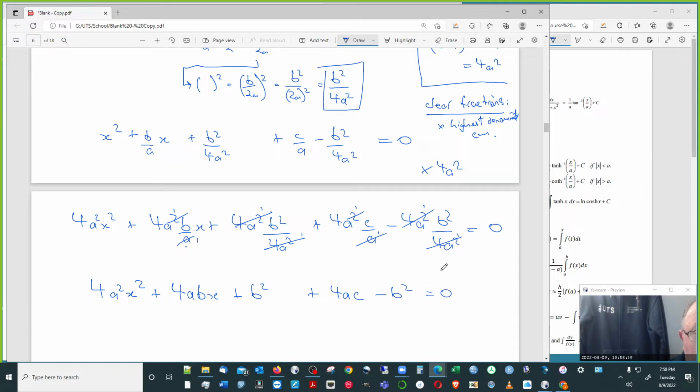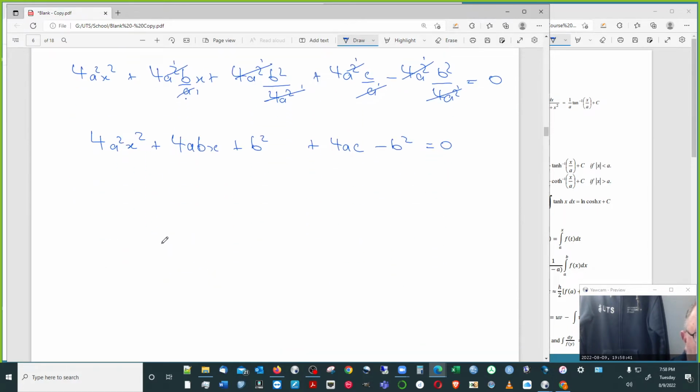Okay, so that's looking good. So this is now a perfect square in what? What goes in here? There's all pluses, so it's going to be a plus. I'm going to cheat because the last term is b squared, so that's going to be a b. So b times b is b squared, tick. What have I got to put in here to get these? It's something times b times 2.